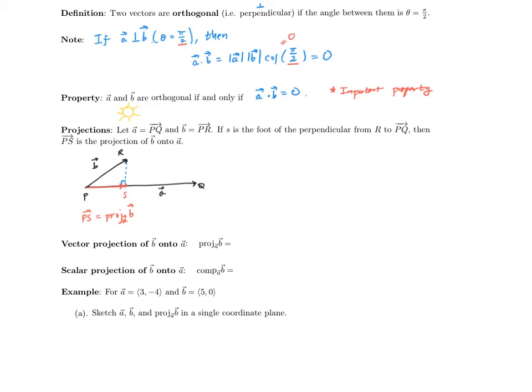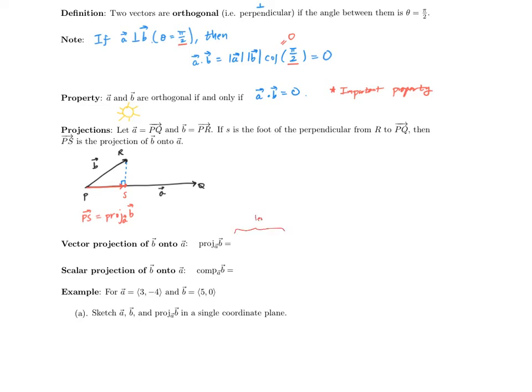In order to come up with a formula for the projection vector, note we know its direction. The projection vector is going in the direction of A. So what we really need to do is determine its length. I want to write down a formula for the projection of B onto A. It is made up of two parts.